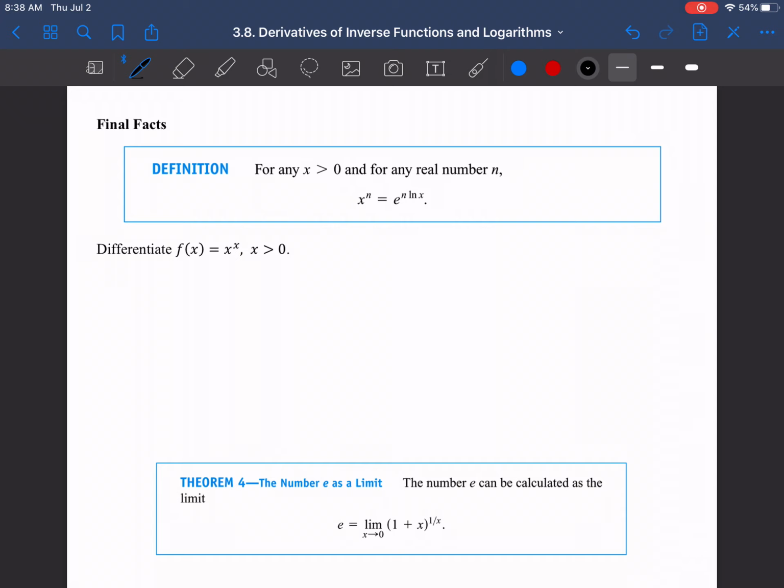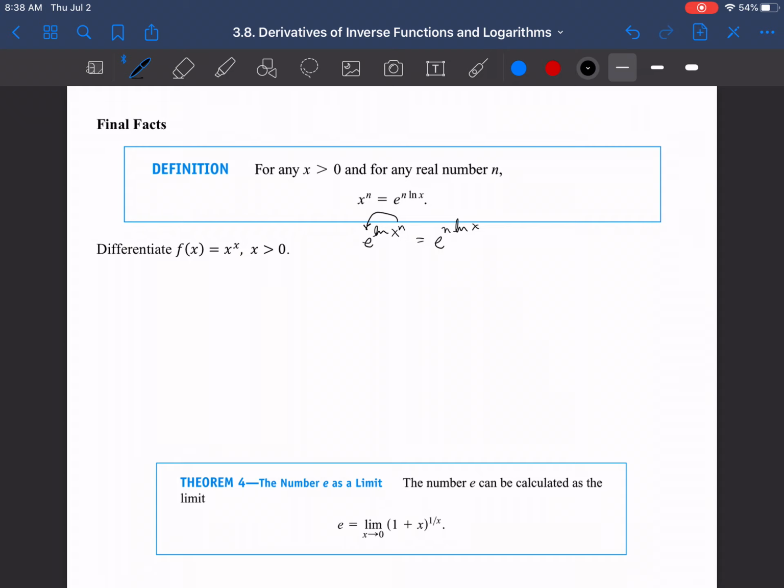That's essentially from the idea that we're just going to raise this and make this e to the natural log of x to the n, and then move that out in front, right? So this is e to the n natural log of x. So that's a good one to keep in mind. Be sure you're paying attention to that. And then go ahead and try the derivative of x to the x for x greater than 0.